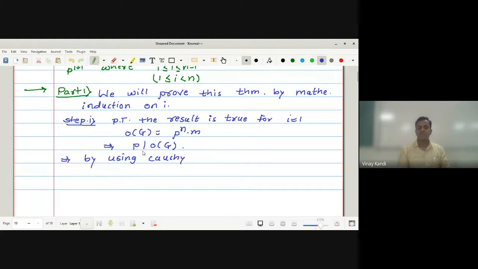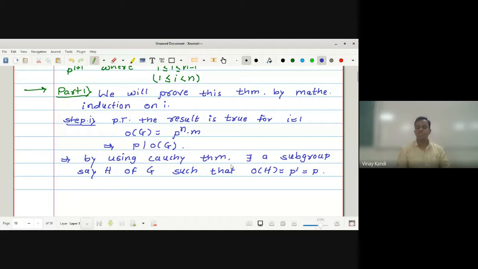If p divides the order of G and G is a finite group, then there exists a subgroup, say H, of G such that the order of H is equal to p raised to 1, which is p.